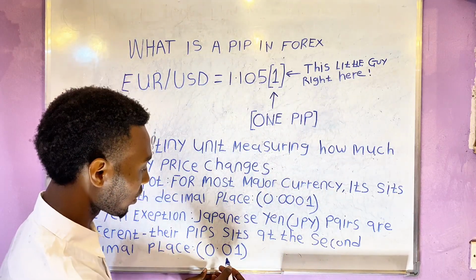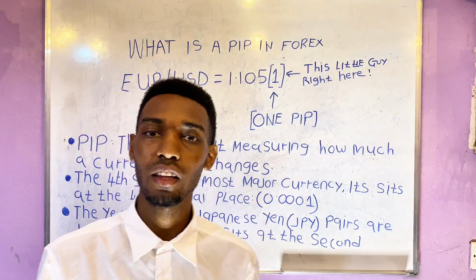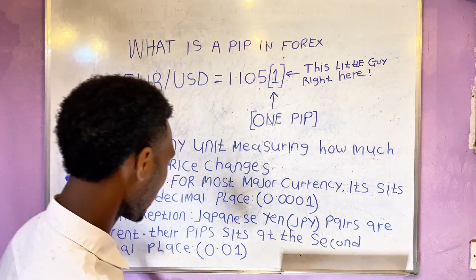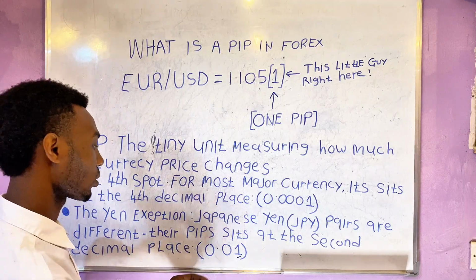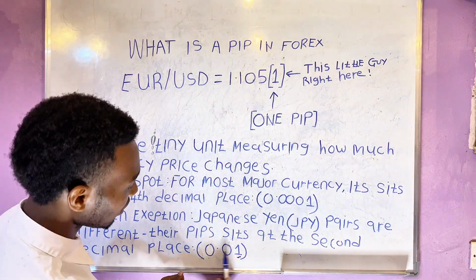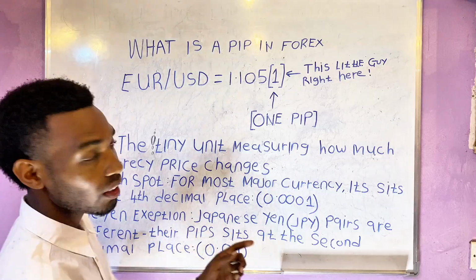At the second decimal, this one is 1, this is 10, hundreds. This is how we read a PIP.